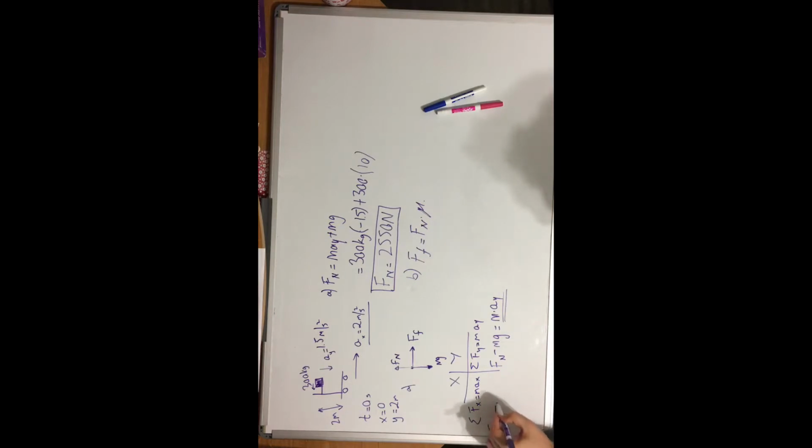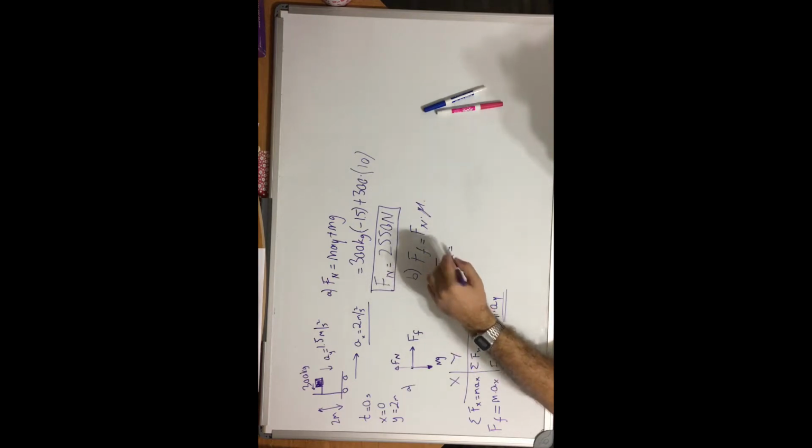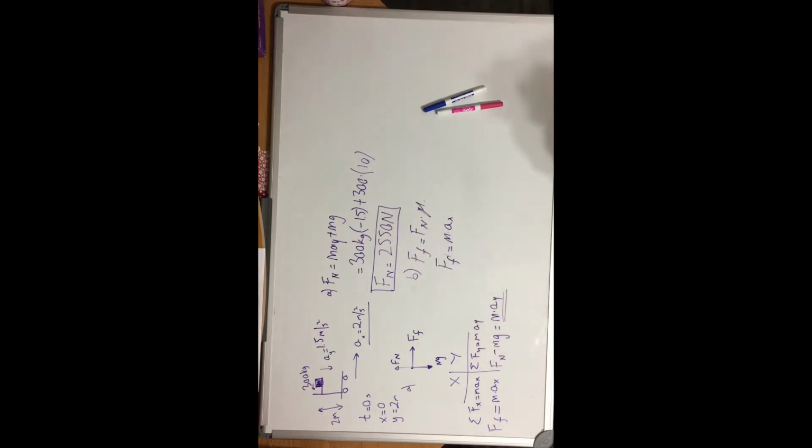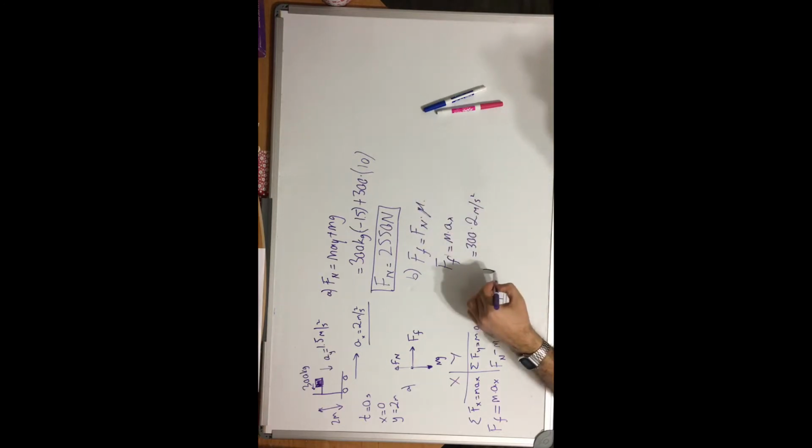And that is equal to mass times acceleration on the x-axis. So Ff equals mass times acceleration on the x-axis. My mass is 300 kilograms, and my acceleration on the x-axis is 2 meters per second squared. So my friction will become 600 newtons.